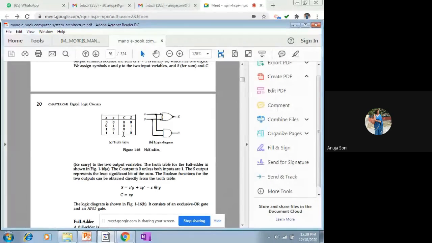Once you have the truth table in your hand, you need to generate your logic circuit diagram, or the Boolean expression.